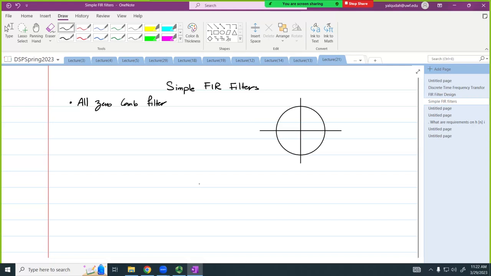The zeros all around and the poles close to it. Yes. It looks like a comb, the frequency response, yes, and the poles are around the unit circle. So we can do something similar. We can come to our unit circle, and we can place zeros around the unit circle.